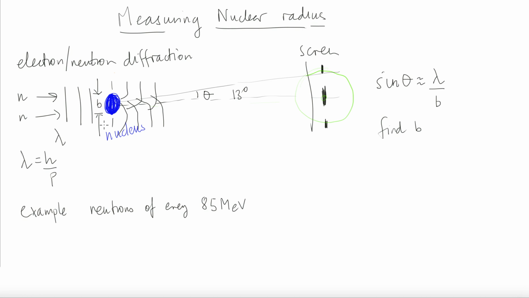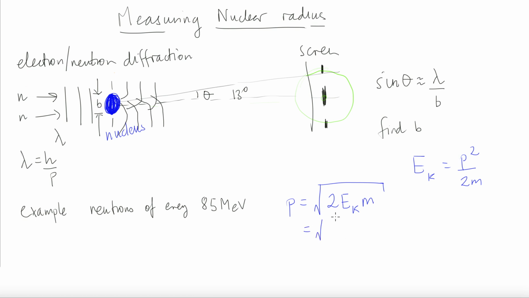So the first thing we need to do is work out the momentum, and the momentum we get using the formula: the square root of 2 times the kinetic energy times the mass. That's from kinetic energy equals momentum squared over 2m.